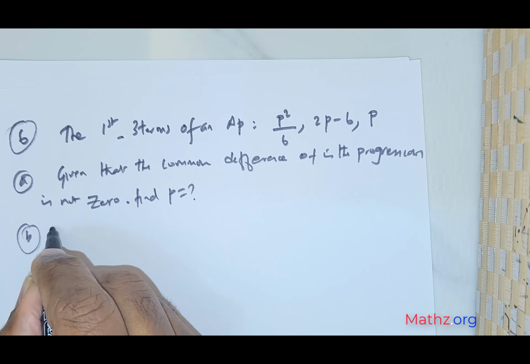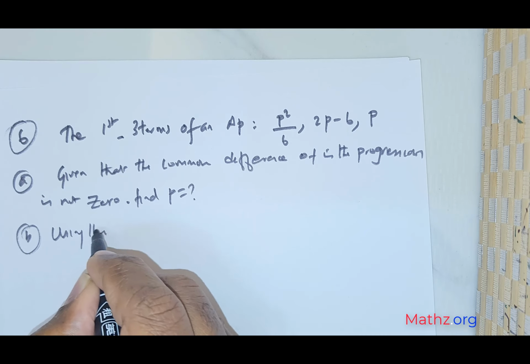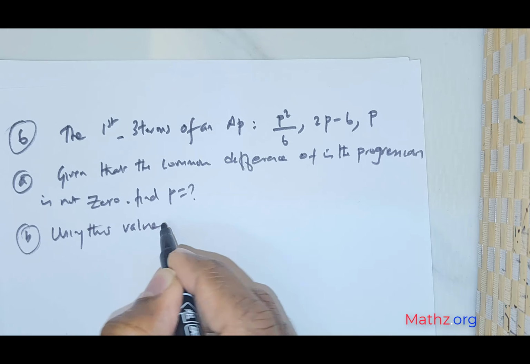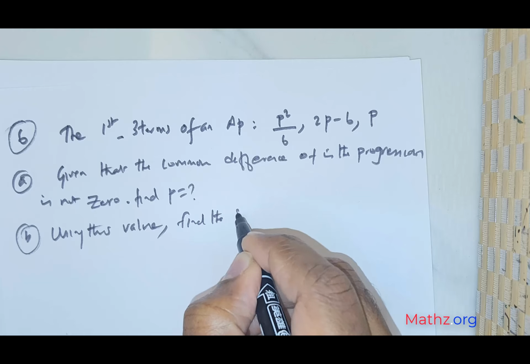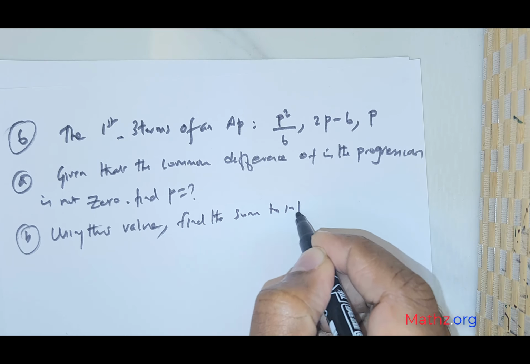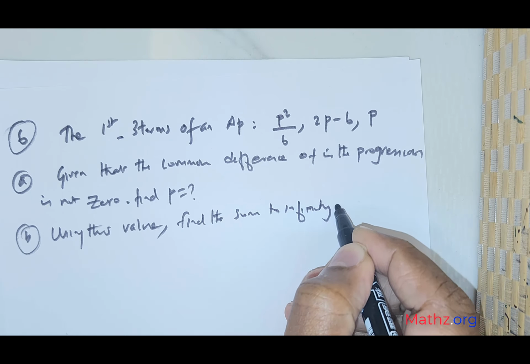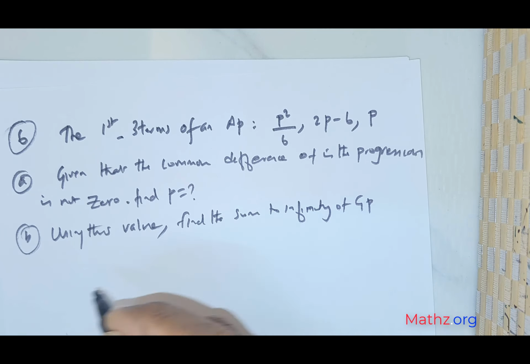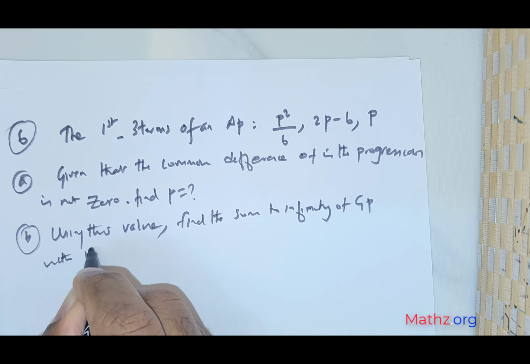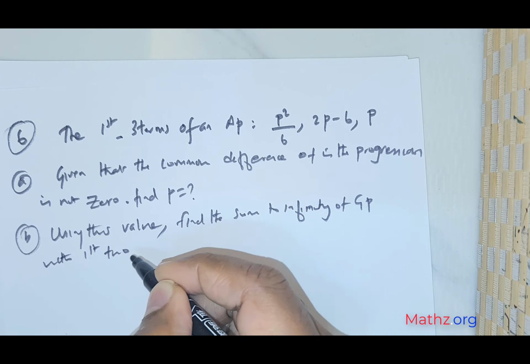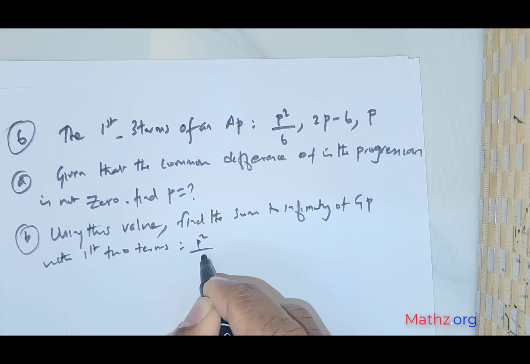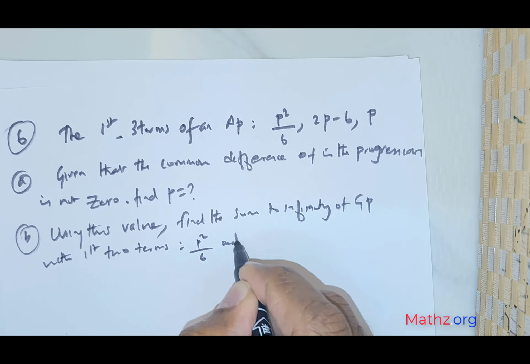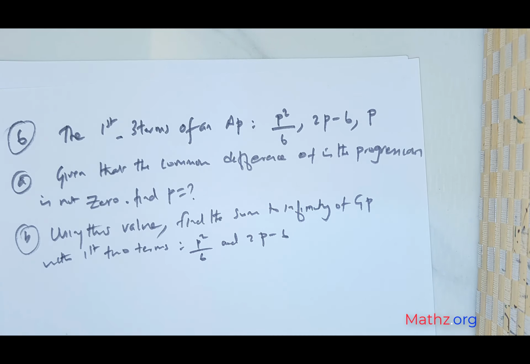Part B is, using this value, what we have to do is find the sum to infinity of a geometric progression with the first two terms being given as p squared over 6 and 2p − 6.